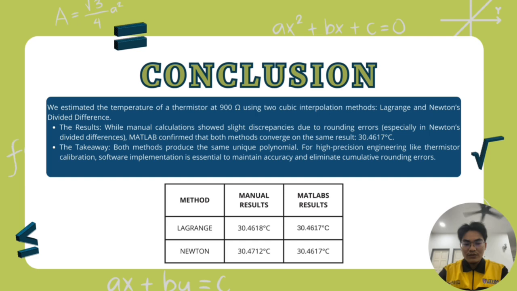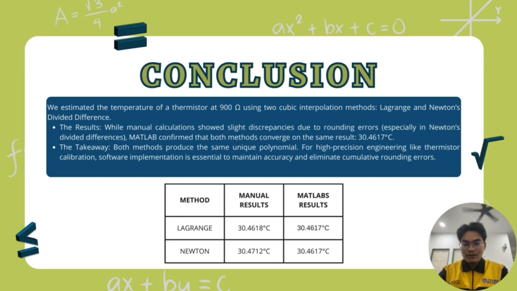When we move the calculation into MATLAB to minimize human error, both methods yield the exact same result of 30.4617 degrees Celsius. This consistency proves a fundamental mathematical principle.